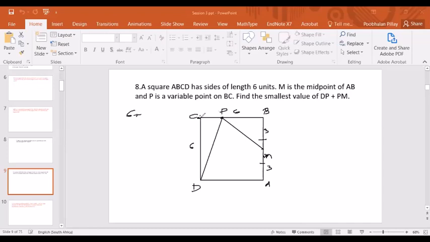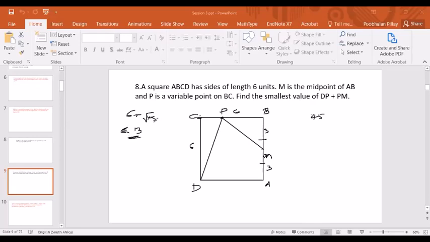So there you would have 6 squared plus 3 squared, which is 36 plus 9 is 45. So you have 6 plus the square root of 45. If P was this, then DP plus PM is 6 plus square root of 45, which is, for square root of 49 is 7, so just slightly less than 13. Some number smaller than 13.